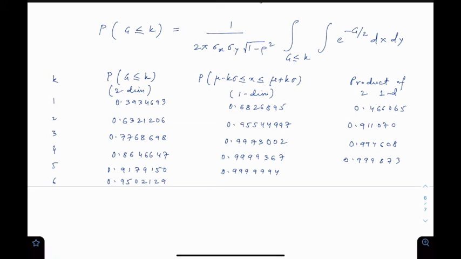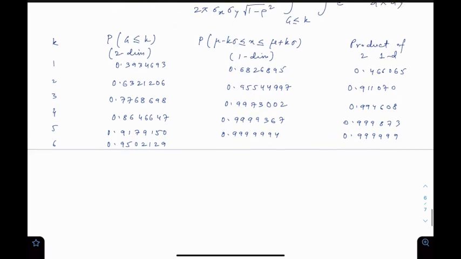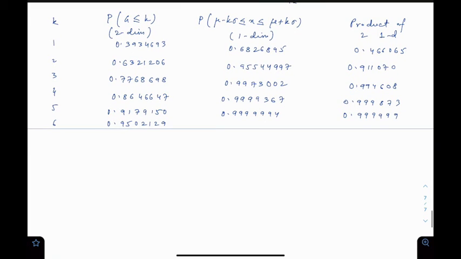It's quite clear that the two-dimensional probability for a given k is much less than the corresponding 1D probability, and even less than the product of two 1D probabilities. This can be seen based on the fact that the product of two 1D probabilities basically marks a rectangular region, something like this.